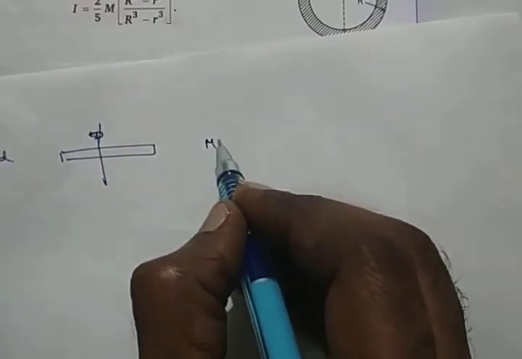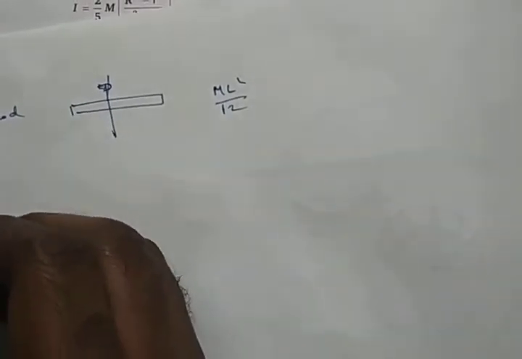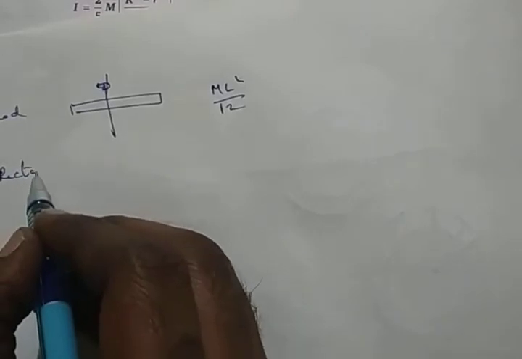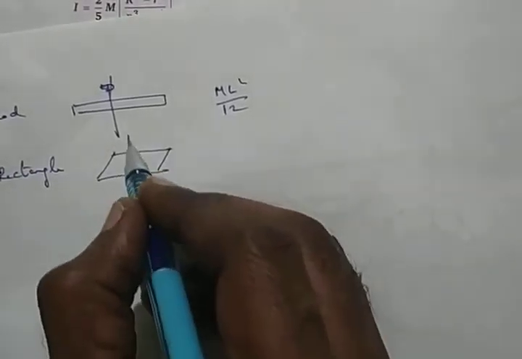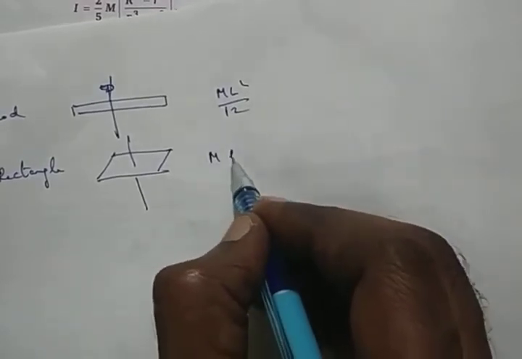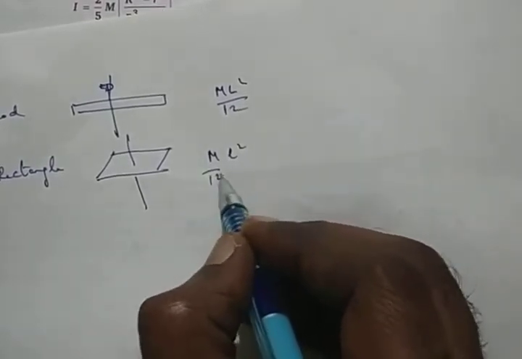For the rod, if it is like this, it is ml square by 12. B part, rectangular lamina, if it is like this along the center, it is m (l square plus b square) by 12.